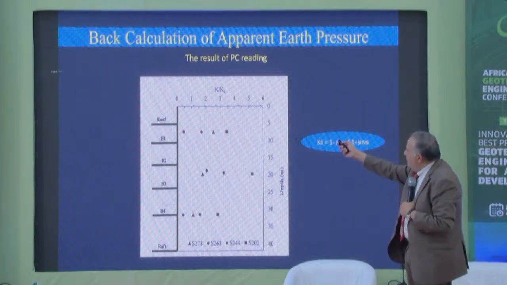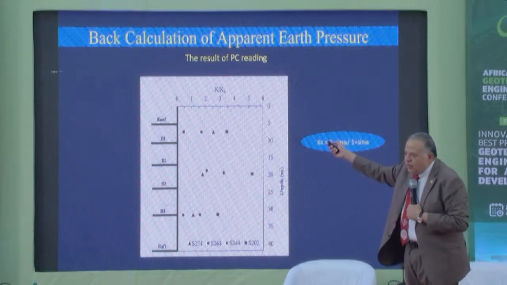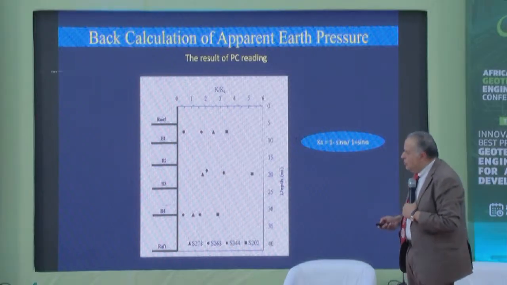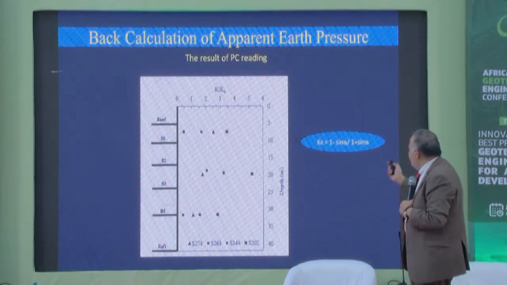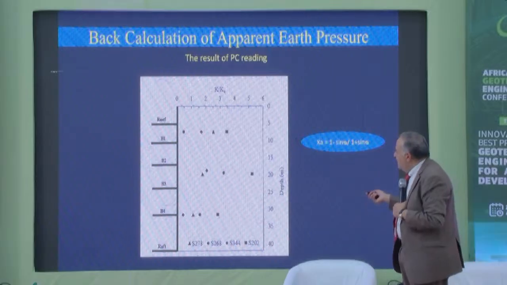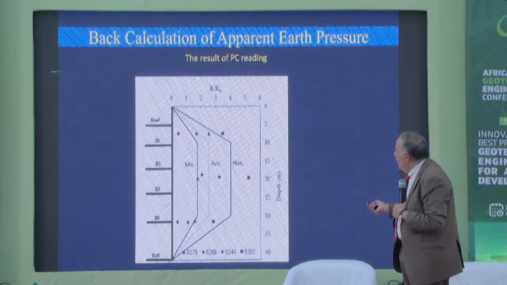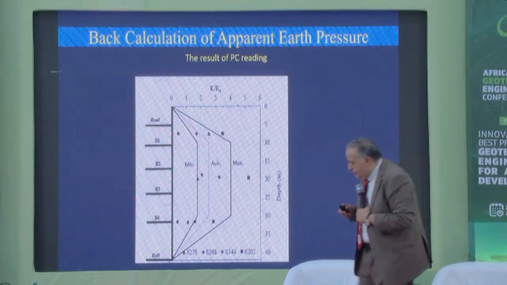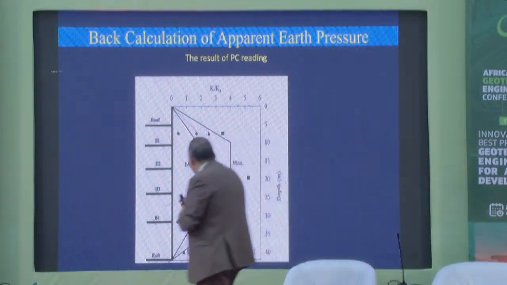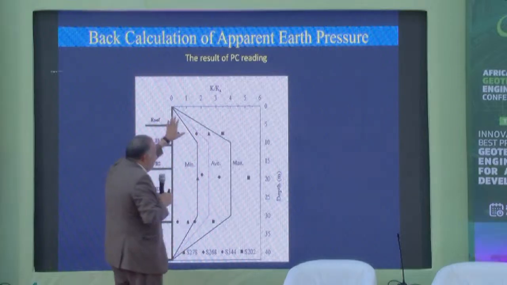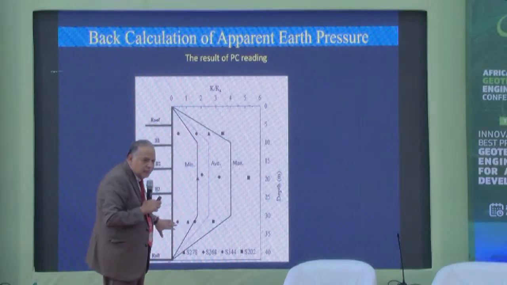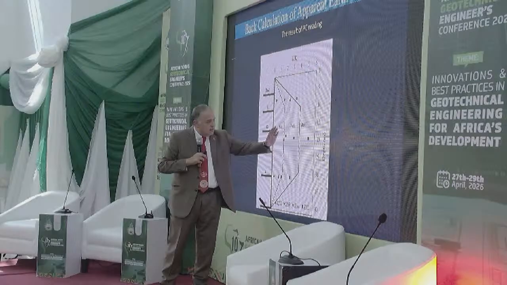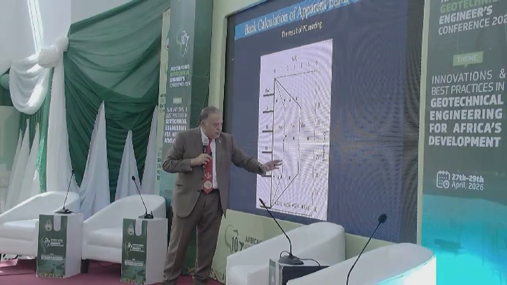Basically K active, similar to what Peck used to do, is 1 minus sine phi divided by 1 plus sine phi. And then K over K active, as you can see, had almost a trapezoidal shape, but we have minimum and maximum, and this is the average.